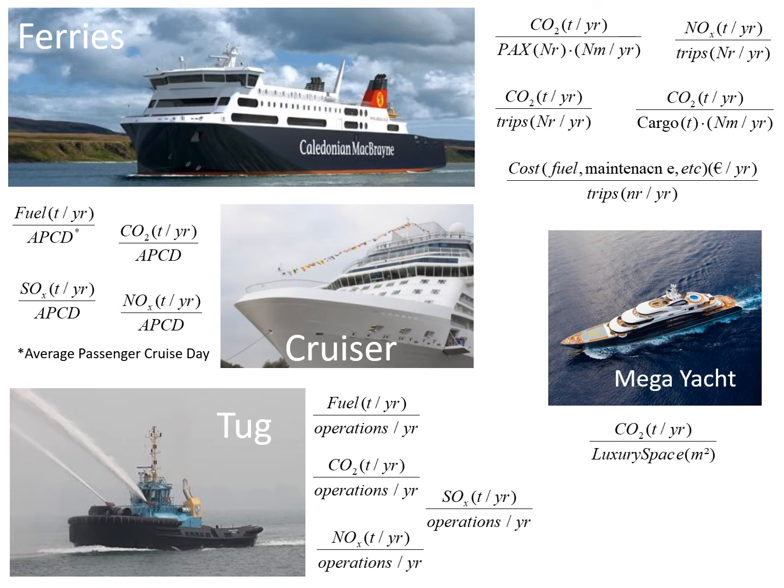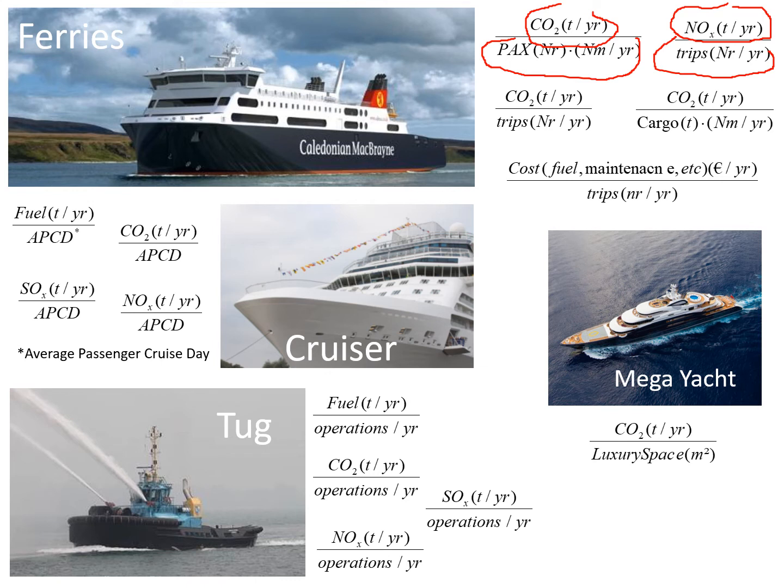But here we can see that, for example, for ferries, we have CO2 emissions divided by passengers transported, so emissions per year over passengers transported per year. Another criterion is a different kind of emissions divided by number of trips per year for the ferry.